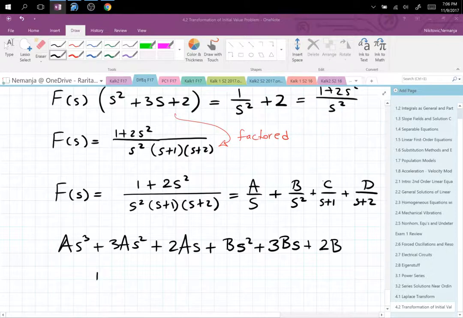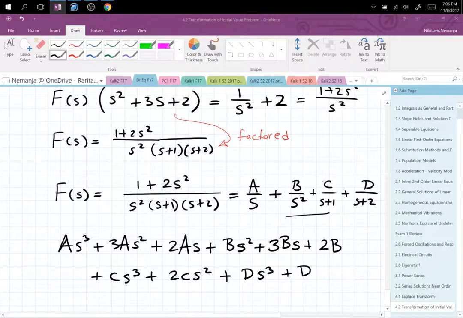So plus c s cubed plus 2c s squared, plus, now d has to have these two, so that's ds cubed plus ds squared.